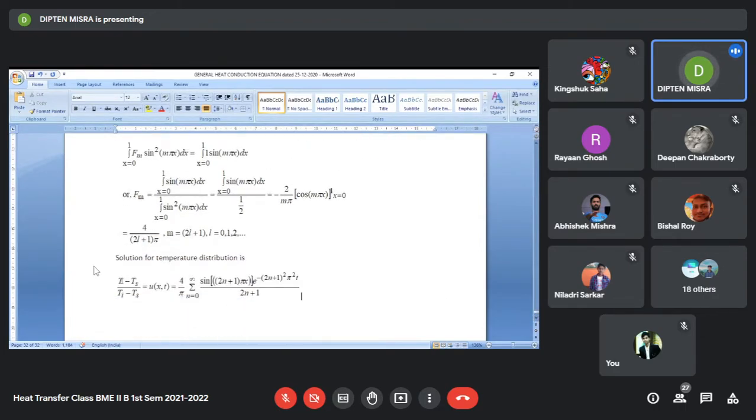The solution for temperature is (T minus Ts) by (Ti minus Ts), which we have defined as U, that is equal to 4 by pi summation of sine (2n plus 1) pi x, e to the power minus (2n plus 1) square pi square t, divided by that m. This m will be inside this summation sign. Okay. So this is the solution for temperature.